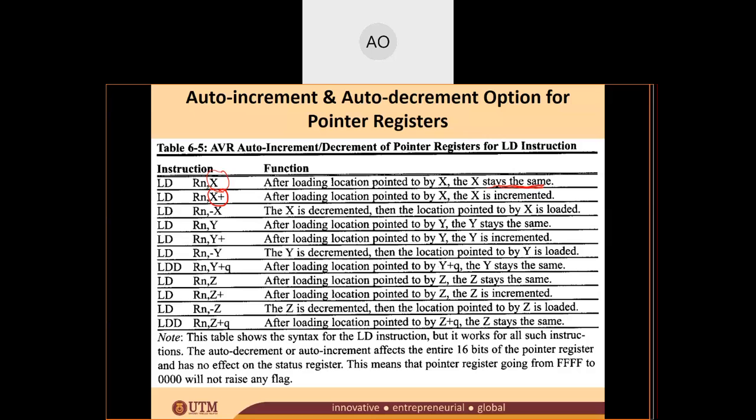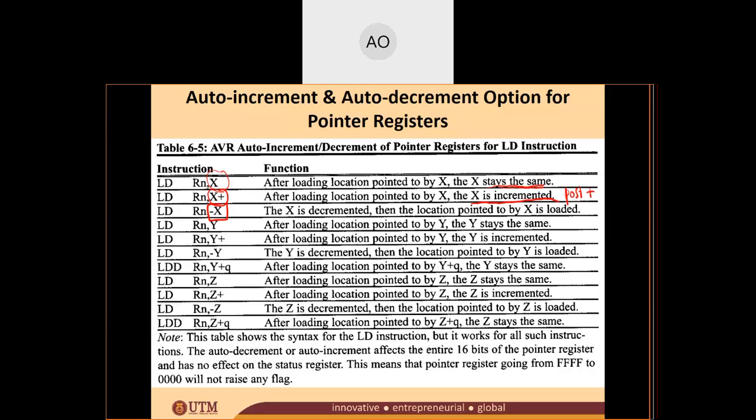For this instruction LD Rn, X plus, if you see the function here, after you load the location pointed to by X, the X value is incremented. So that's why we call it a post increment, because you load the value from the address first, and then your pointer register is incremented by 1. What about this one with the minus X?